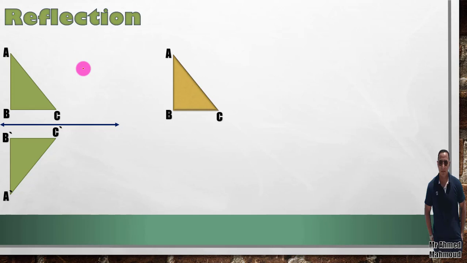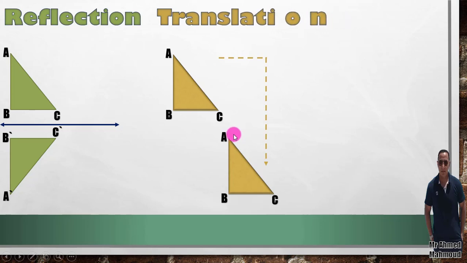If we have a triangle like this, and I move the triangle or change the position, but I keep the original position of the triangle here, I just make a move for the triangle in this path. This one is called translation or slide.